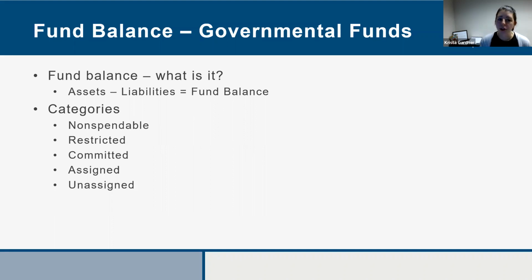And just a reminder, there are different categories of fund balances on your DCED report, which we'll see on the next slides. This does not show up as separate categories. It's all one, but essentially there are different categories of fund balance. Non-spendable, we actually can't spend those items. That's going to be inventory or prepaids. Restricted fund balance, someone from an outside party has restricted those funds.